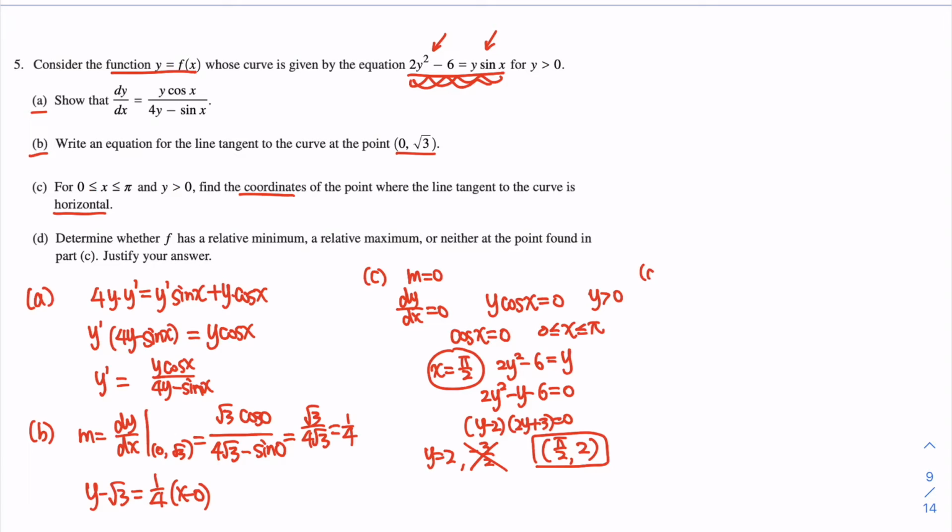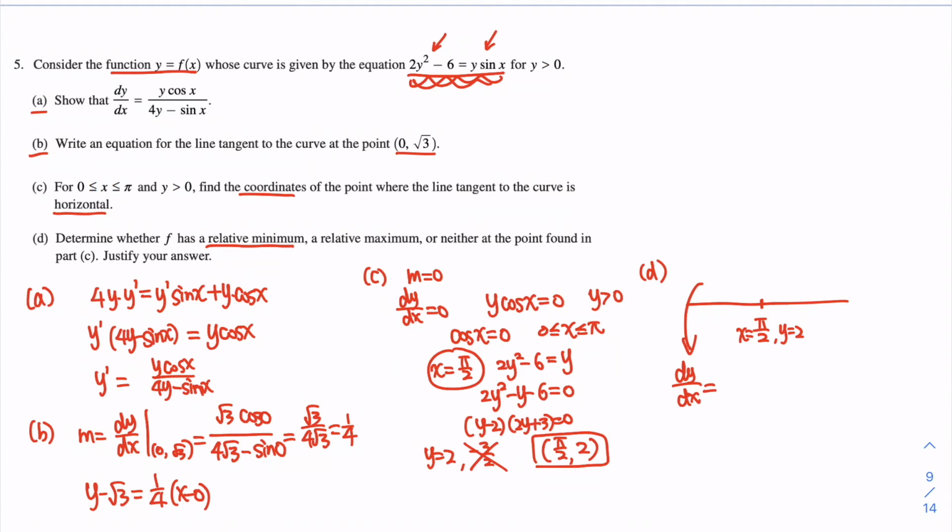Part D: determine whether f has a relative max, min, or neither. In order to determine its max or min at x equals pi over 2, we can use sign analysis. The y value at x equals pi over 2 is y equals 2. On the left, less than pi over 2, we check the derivative dy over dx.